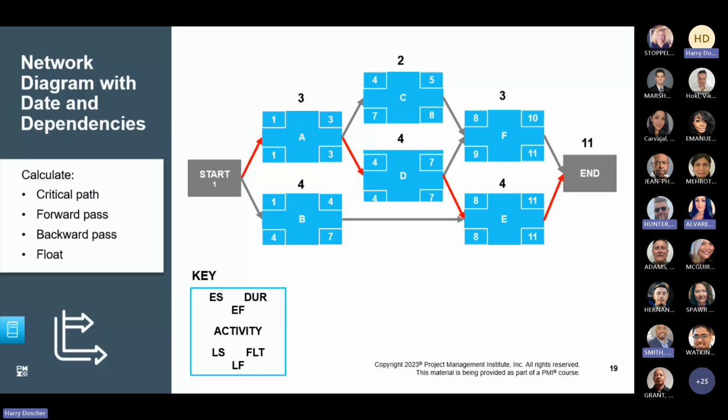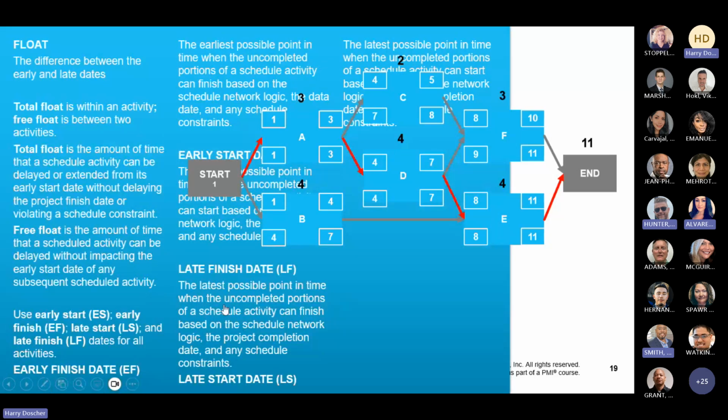Float means that you can delay the start or delay the ending of a task or activity and still deliver the project on time. And this has been used for predictive projects for like ever.